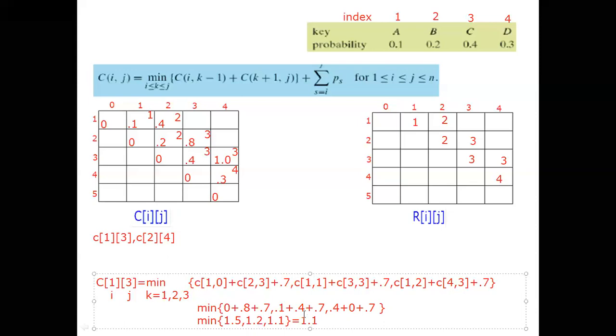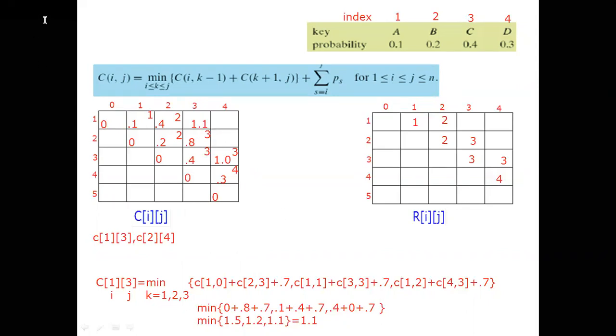1.1 we got due to which k value? The last value, k is equal to 3. That I should update. Which value should I update? I should update for 1, 3. Here, which value should I write? It is 1.1. What is the k value?